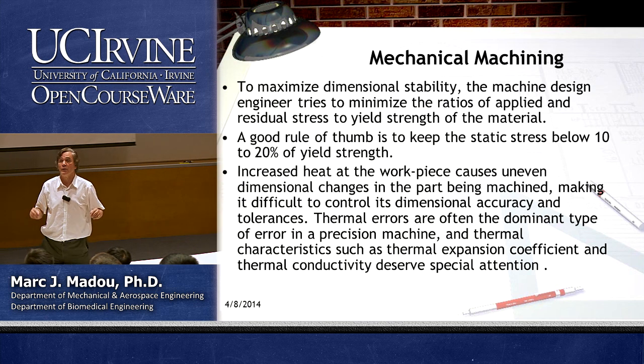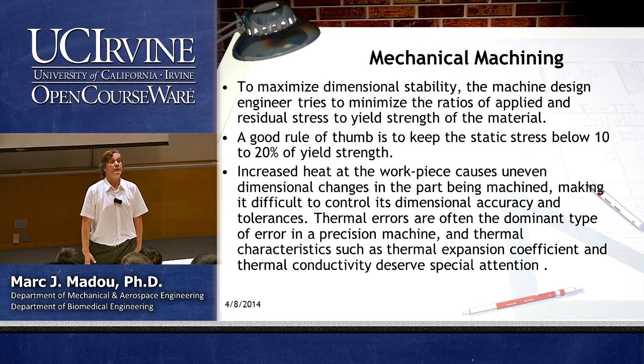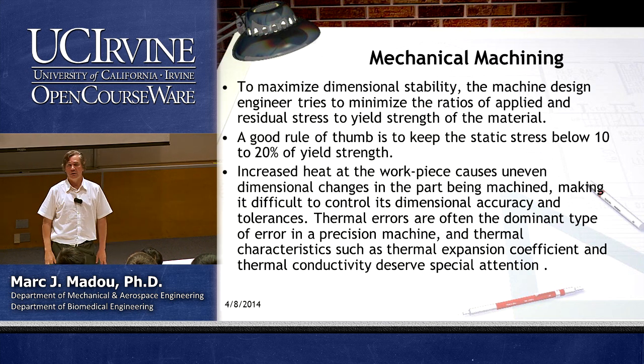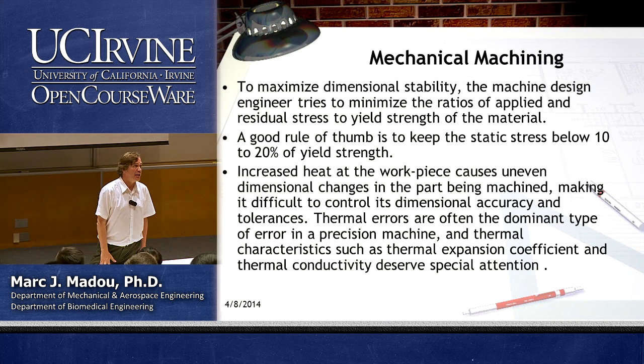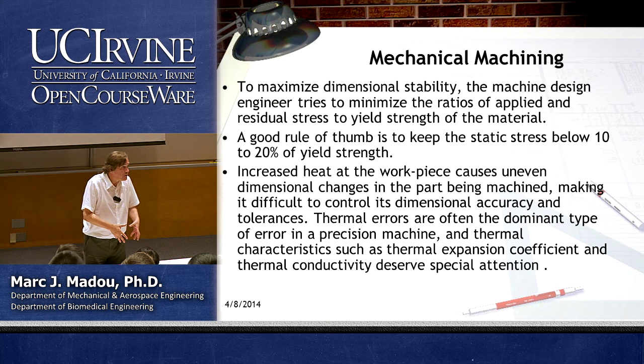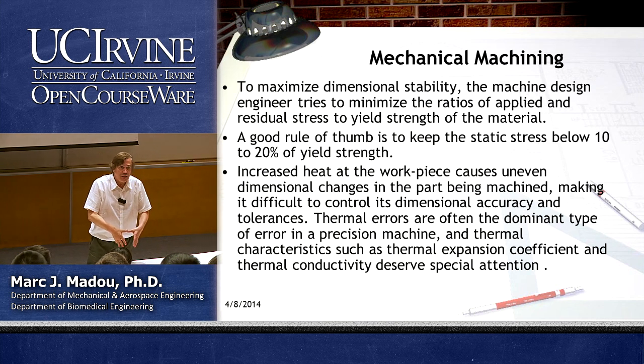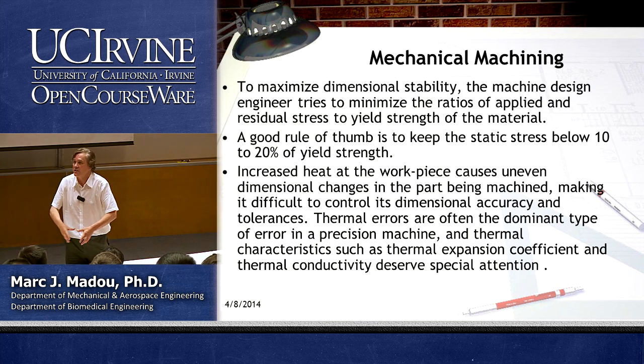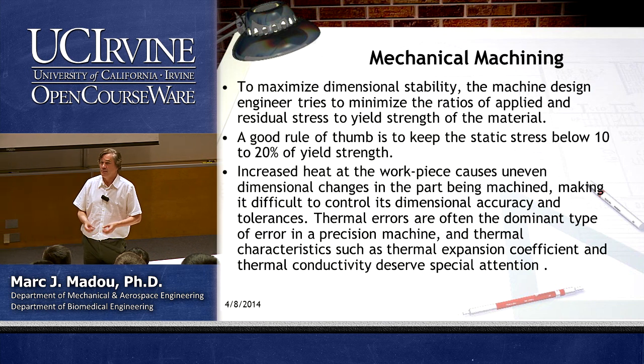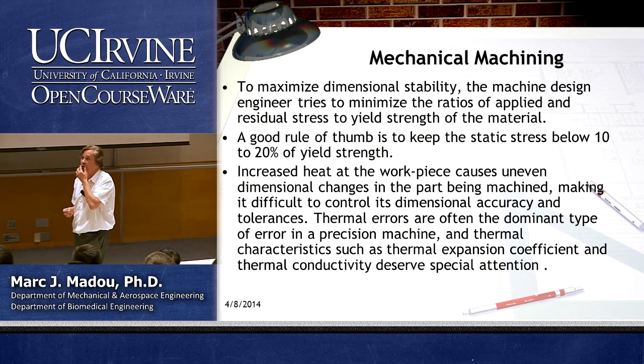I'm already announcing this word now. It will come back many times. HAZ, heat-affected zone, is a very bad thing to have in manufacturing. Because in the heat-affected zone, the material gets so hot, it actually changes property. And methods that avoid the heat-affected zone are often preferred.